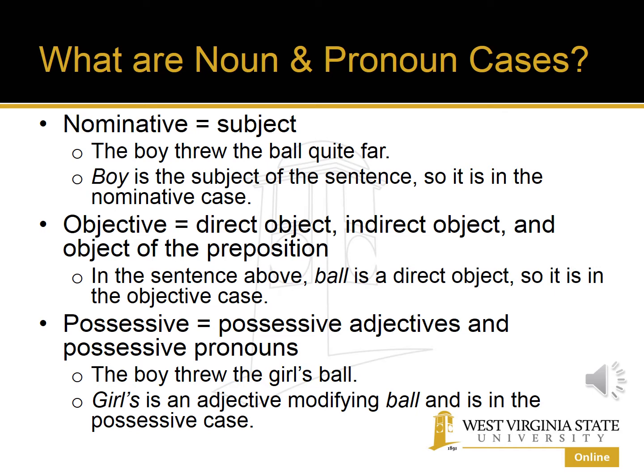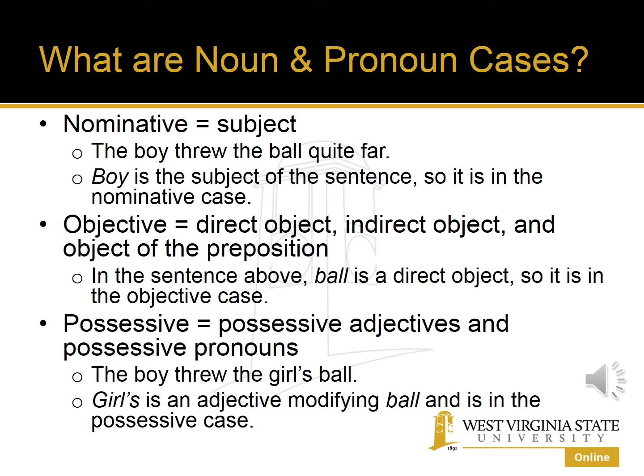The objective case is used to identify the direct object, the indirect object, and the object of the preposition. Note that Latin, which is the basis for English grammar, has 5 cases.